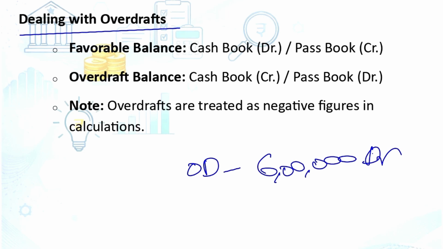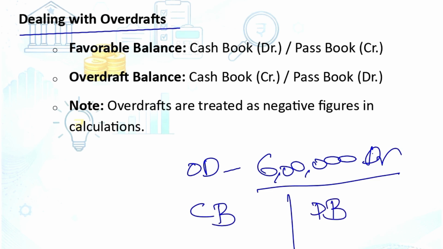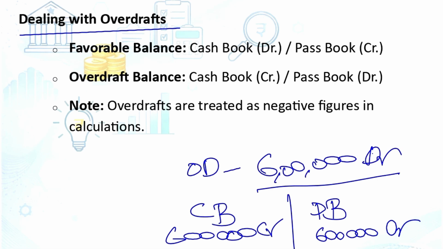If you fully draw the 6 lakhs, it will be shown as 6 lakhs debit in the passbook, and the corresponding entry in the cash book will be shown as 6 lakhs credit.